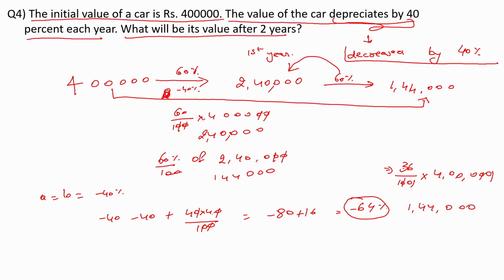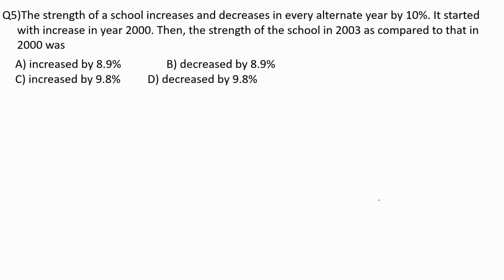That would be 1,44,000. I hope everyone is clear with both these methods. This is the way I solved in the theoretical way. This is how I applied the formula. Let's go to the next question.